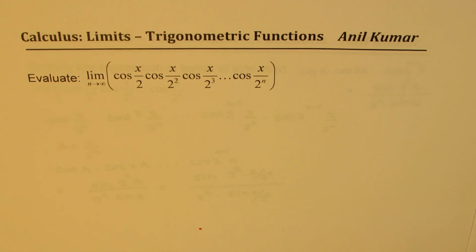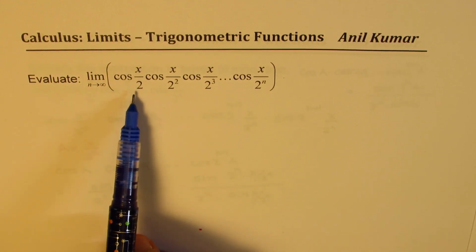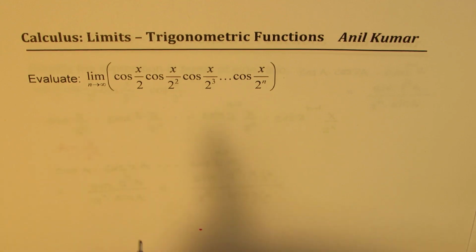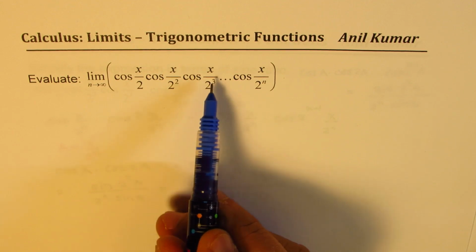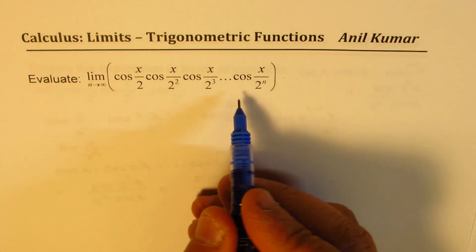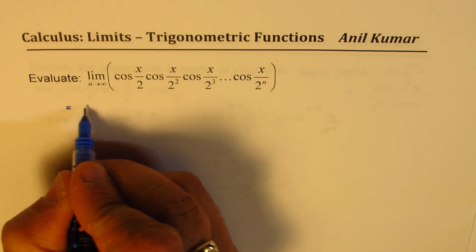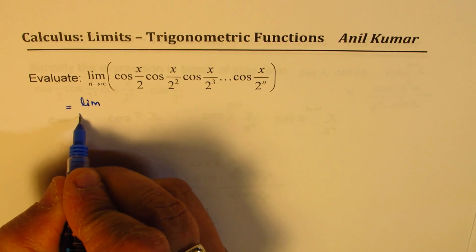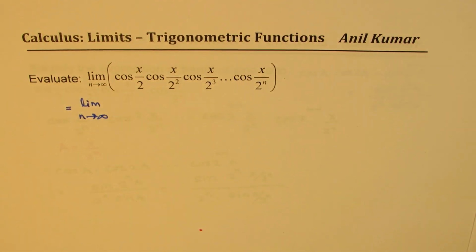Now let's try to evaluate the limit when n approaches infinity for cos of x by 2, cos of x by 2 square, times cos of x by 2 cube, and so on, till cos of x by 2 to the power of n. So what we just learned is that I could rewrite this as limit n approaches infinity, and all these terms can be written in terms of sine, right?